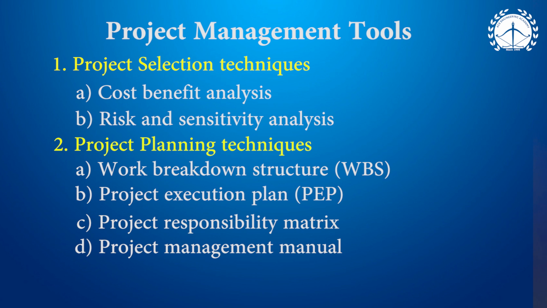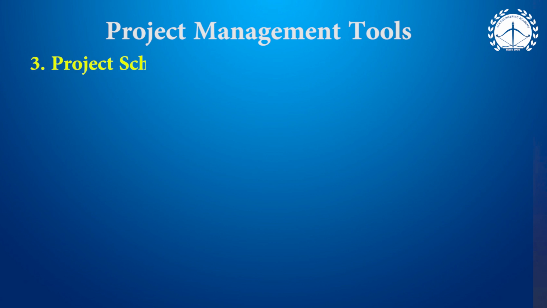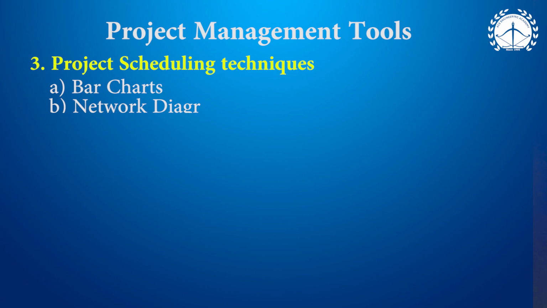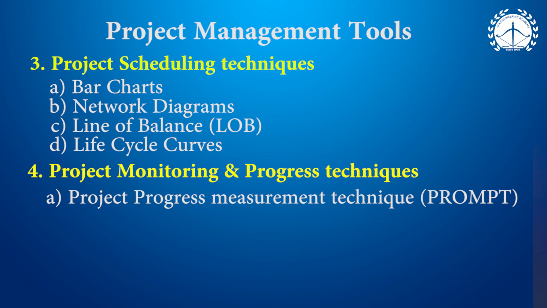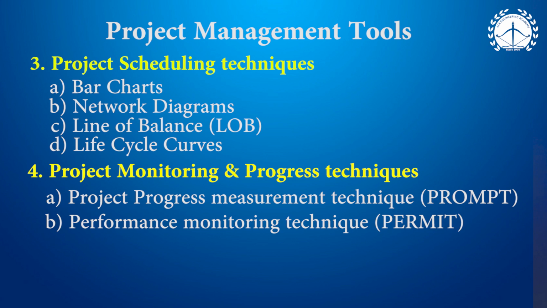And the important phase, scheduling. As per scheduling, we are very familiar with a few tools like bar charts, network diagrams, line of balance, life cycle curves. And for monitoring and implementation, we have some tools like progress measurement technique, performance monitoring technique, updating, reviewing and reporting technique.